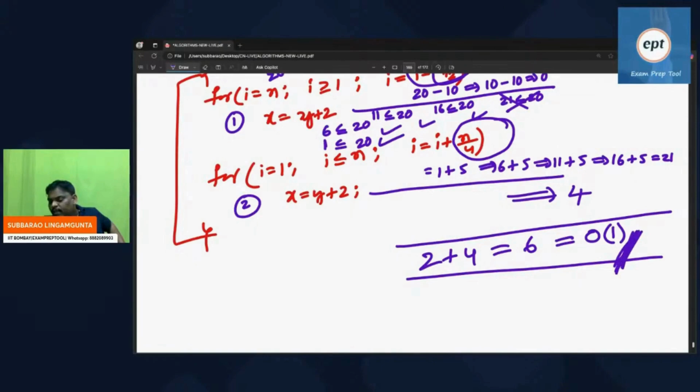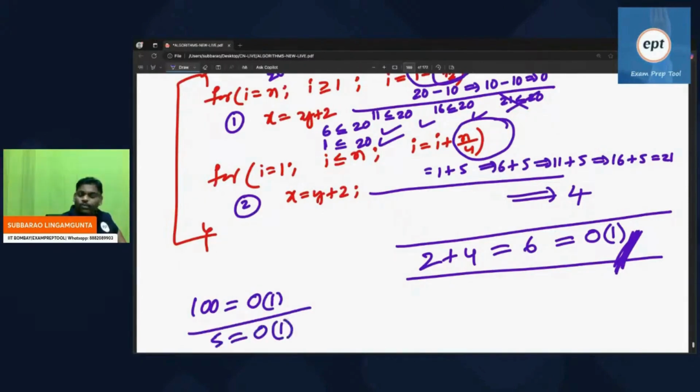This is the way of writing constant. In algorithm terminology, writing a constant is like this, big O of 1. Any constant you can write like this. Suppose 100 is a constant, you can write big O of 1. Suppose 5 is a constant, you can write big O of 1. Suppose 20,000 is a constant.